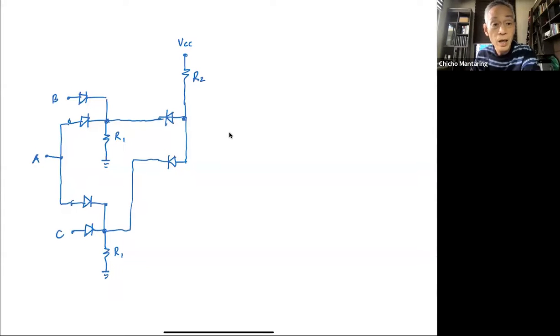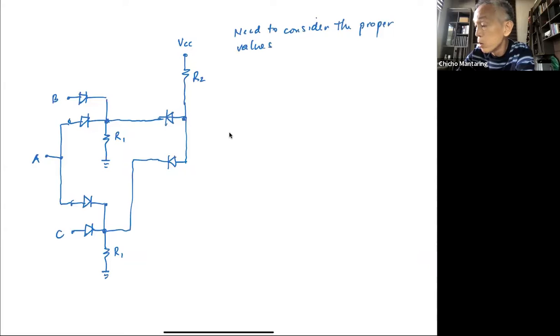Okay. The problem here is you have to consider the proper values for R1 and R2. Okay, bakit?